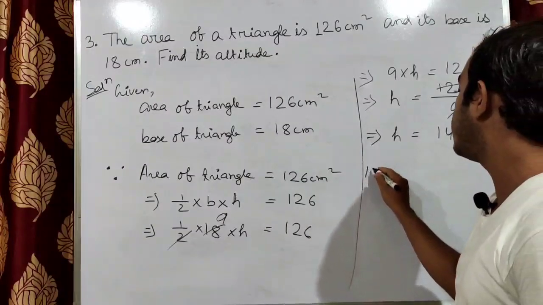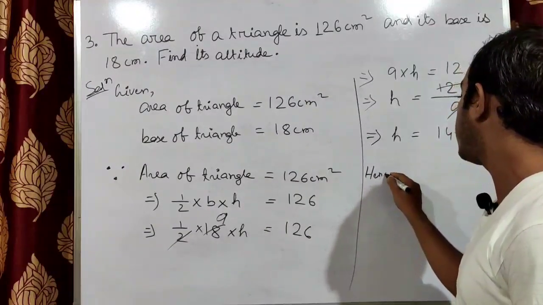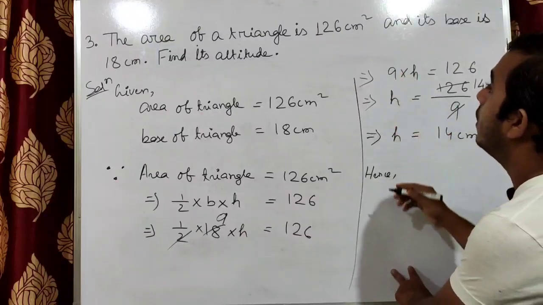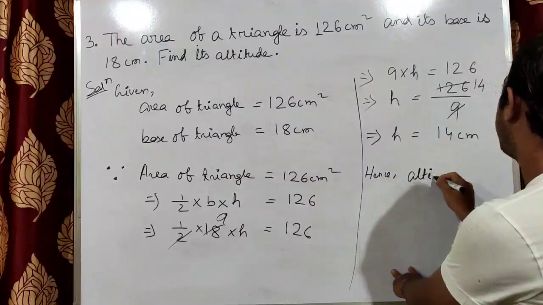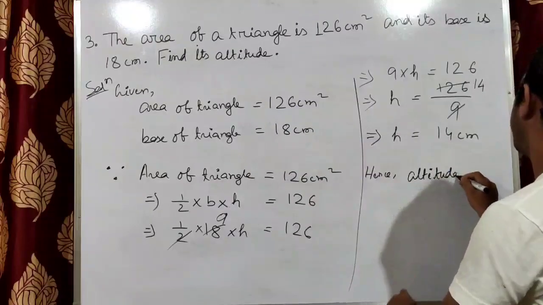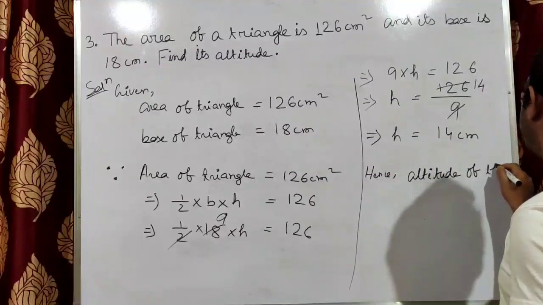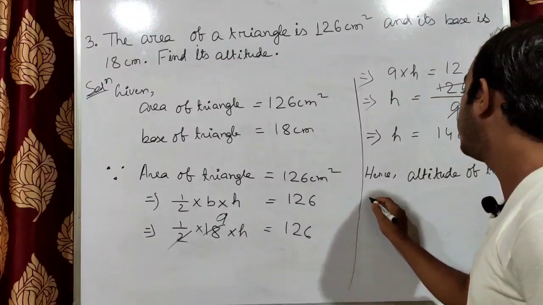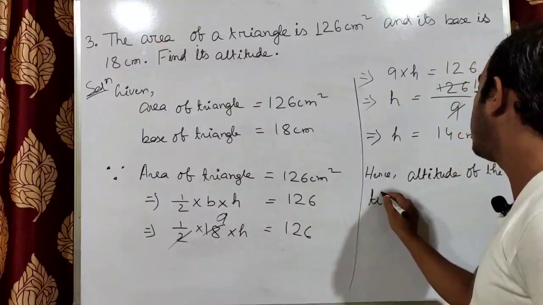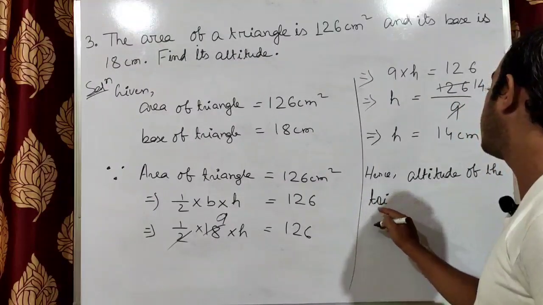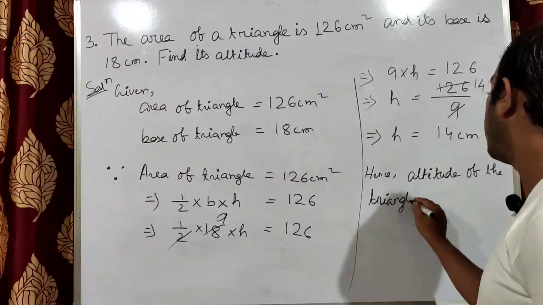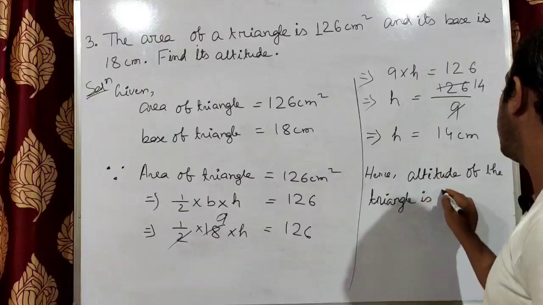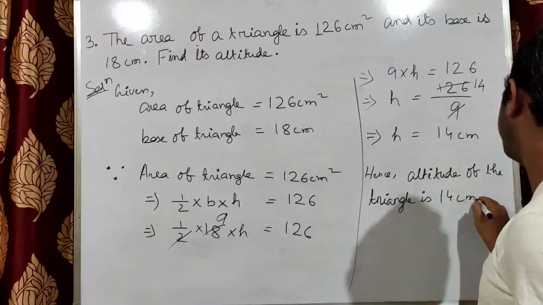We will write hence, altitude of the triangle is 14 centimeter.